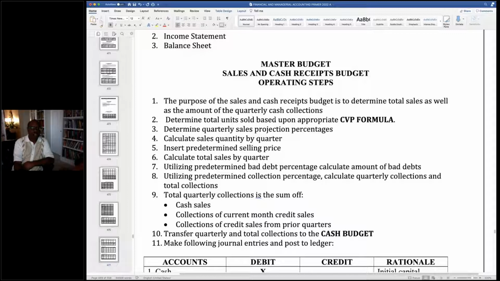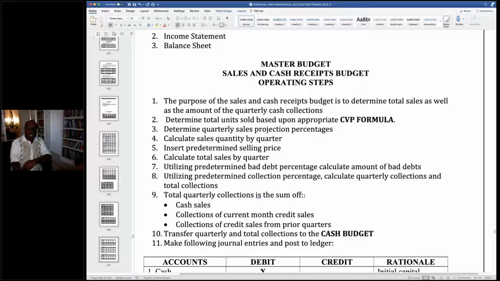We determined the total units sold. Then we came up with our quarterly projection percentages. We calculated the sales quantity by quarter. We inserted the predetermined selling price, calculated the total sales by quarter, and they were all credit sales. Utilizing the predetermined bad debt percentage, we calculated the bad debts. Utilizing the predetermined collection percentages, we determined the quarterly collections and the collections afterwards.